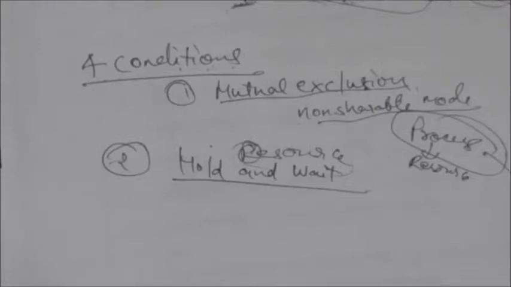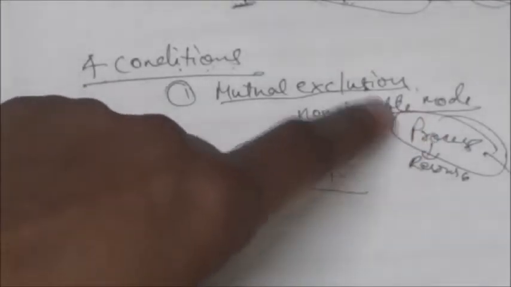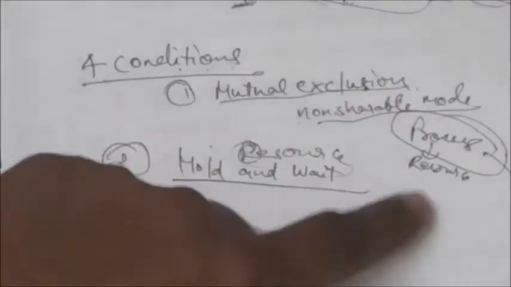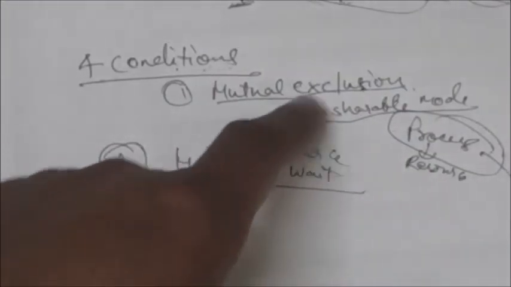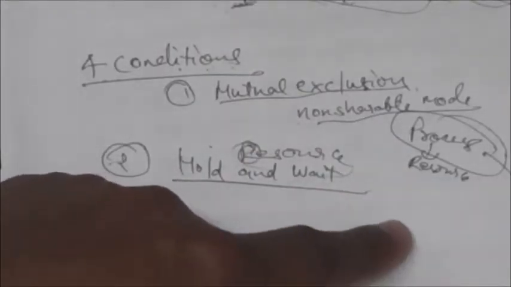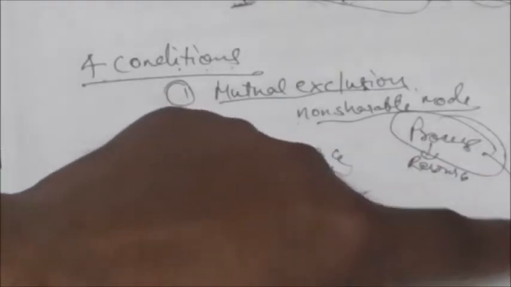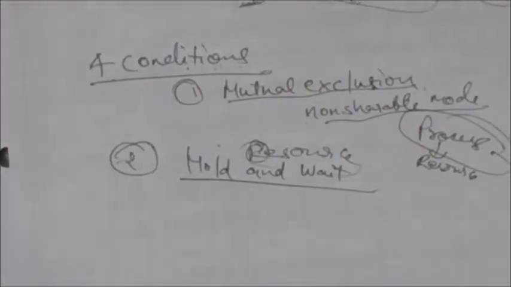So this is the second condition, hold and wait. It specifies that the process must be holding at least one resource and waiting to acquire another resource that is currently being held by some other process.